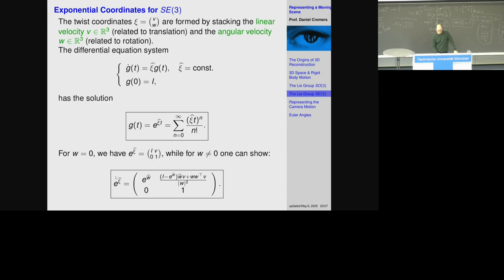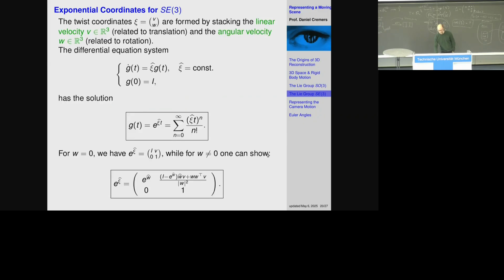But you can show that if you exponentiate a 4 by 4 twist matrix, you can write it in this form, where you have the exponentiation of the skew-symmetric 3 by 3 matrix. There you use the Rodrigues formula to compute this e to the w hat. And then the top right, the 3D vector that makes the translation, this vector is given by this expression here as a function of e to the w hat, and then w hat and v.